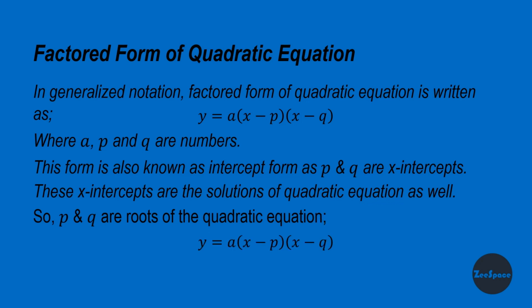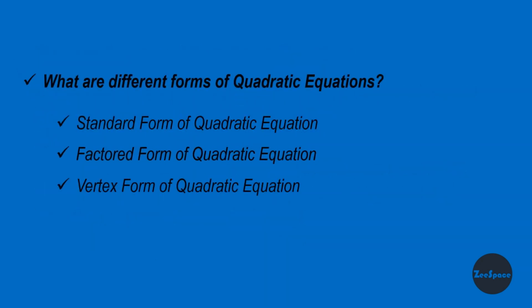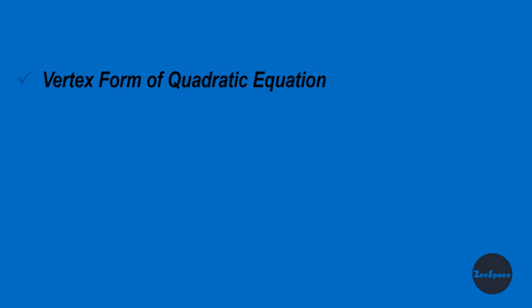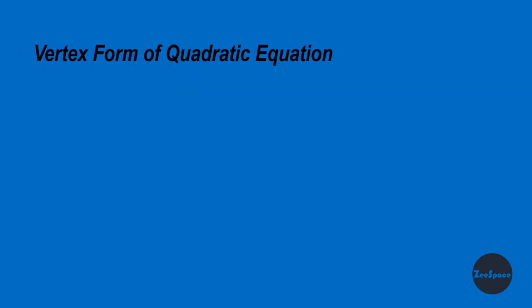These x-intercepts are the solutions of quadratic equation as well. So p and q are roots of the quadratic equation. The y-intercept in this form is equal to a into minus p into minus q.